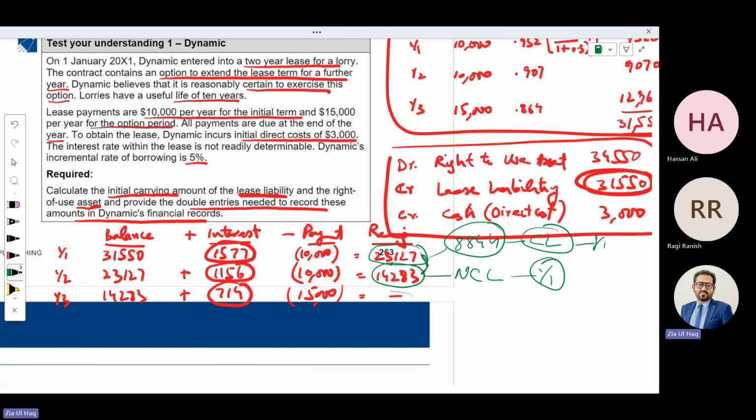This will be recorded under non-current liability of year two. And the difference between these two will be recorded as current liability in year two. At the end of year three, there will be no liability because it is all gone.